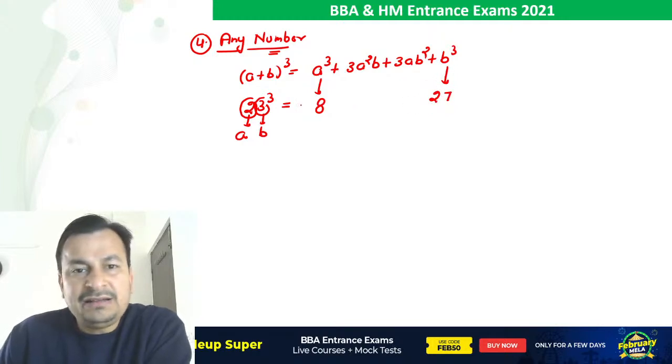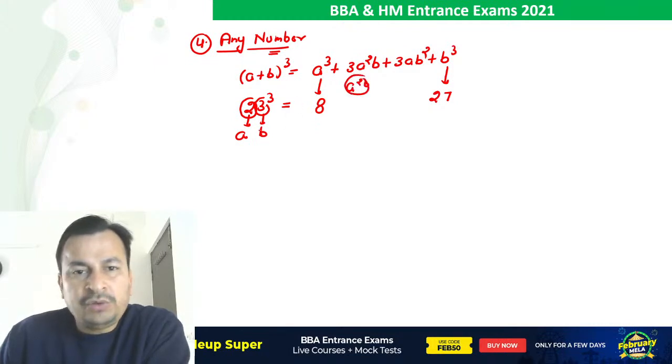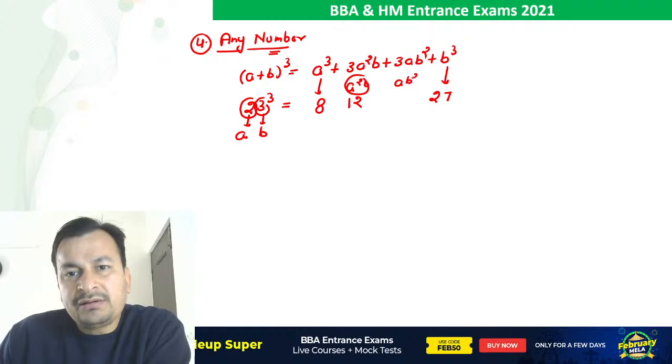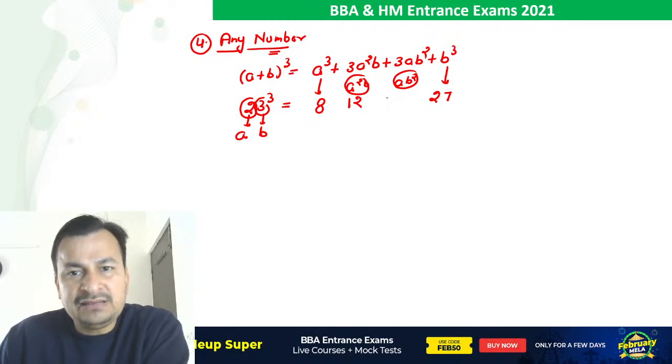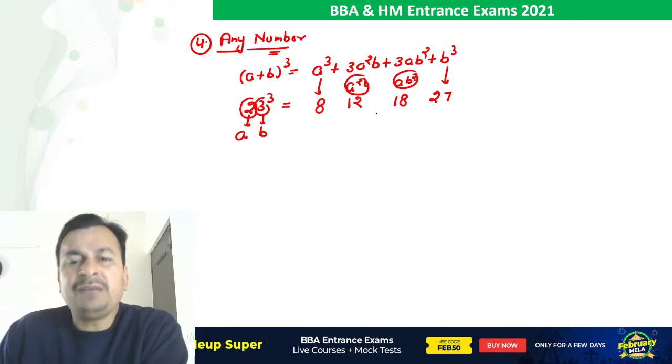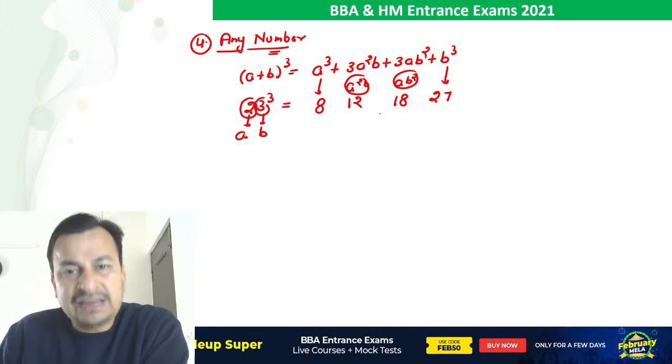Then we will write a square b. So a square b is 2 times 2 is 4, 4 times 3 is 12. Then we will write ab square. So ab square is 2 into 3 square, that is 2 into 9, that is 18. Now we will apply the same rule as we have discussed in the previous categories.